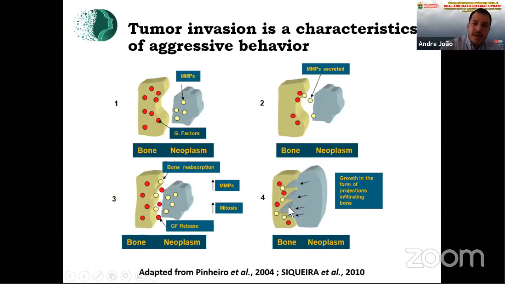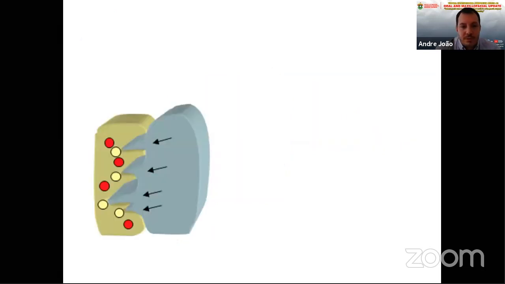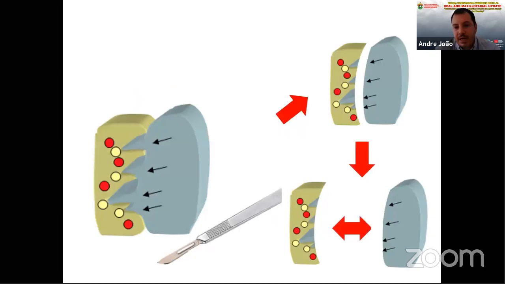So then comes a surgeon, and when I treat this lesion, we try to remove the tumor, and basically we remove whatever we are seeing. So all these projections that are inside the bone are kept in place. It happens when we do conservative surgery.